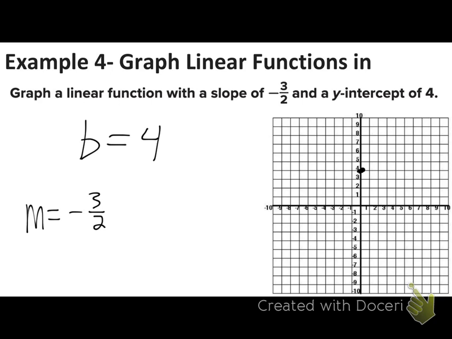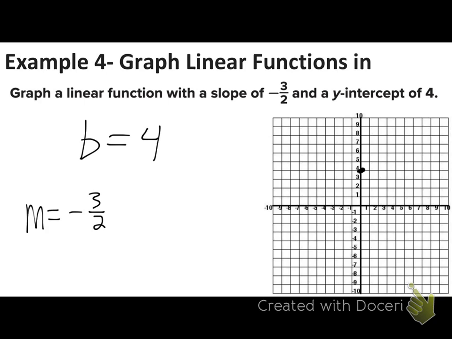I see a little bit of an issue here that we might get confused on. I've got a negative in front of my fraction. And I've got to use my slope to get more points on my graph here. How do I know if I'm going up or down 3 or left or right 2 if my negative is in front of my fraction like this? Good question. Any ideas?